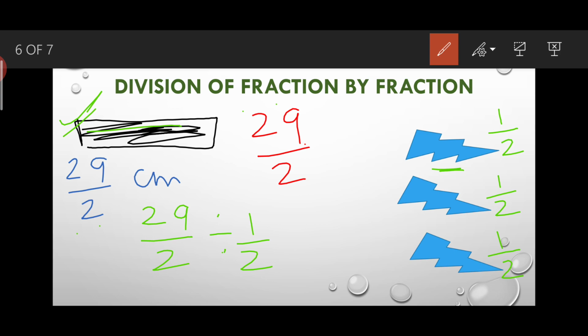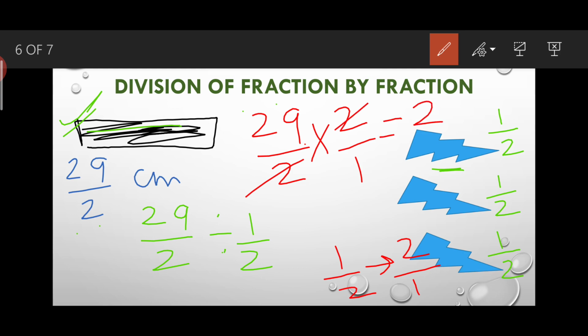You have replaced the division sign by multiplication, and the reciprocal of 1 by 2 will be 2 upon 1, because for the reciprocal of 1 by 2 we changed the positions of 1 and 2, that is 1 by 2 is written as 2 by 1. So you have to write the reciprocal here. Okay, now as you can see, 2 and 2 cancel, and the final result is 29.